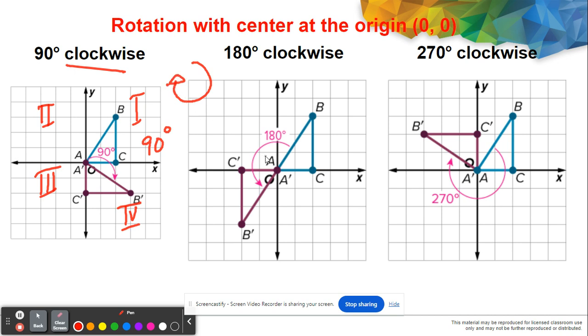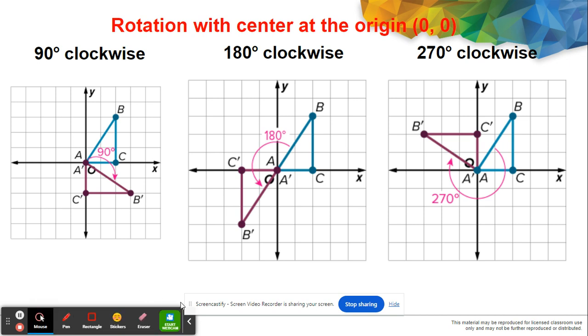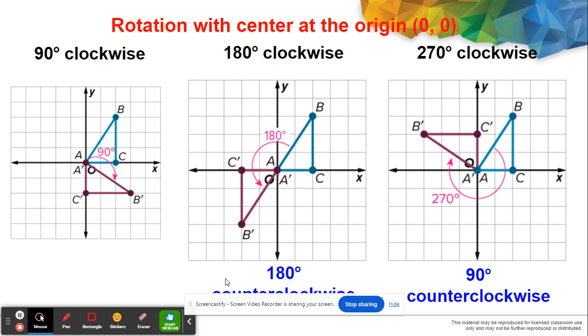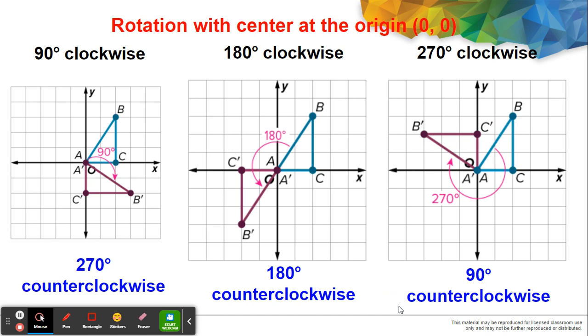However, we can also rotate things counterclockwise. Just like this. As you can see, rotating an image 270 degrees counterclockwise means going the other way around.